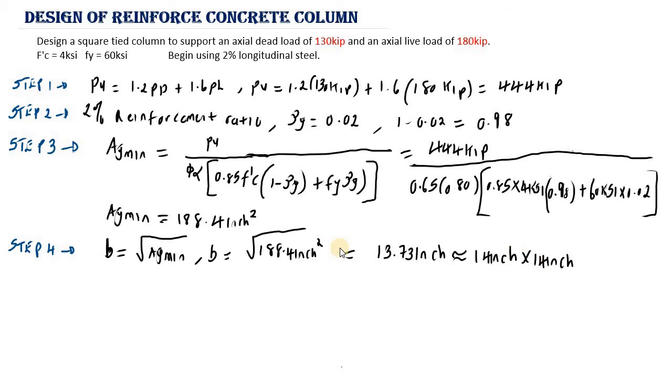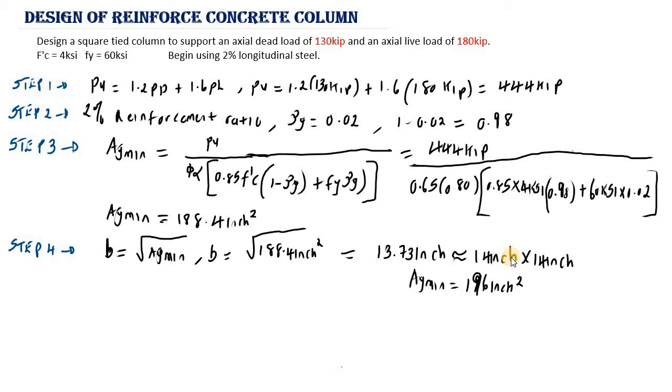Instead of 188.4 inch square, we are now going to have 196 inch square, because we now know the size of the column. So AG minimum is going to be equal to 196 inch square. So this is our new gross minimum area.